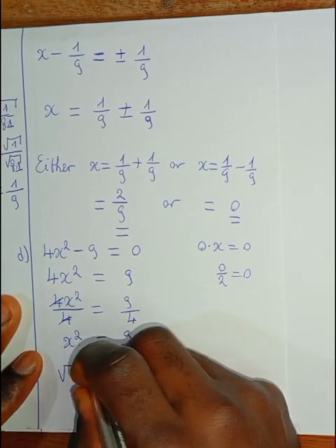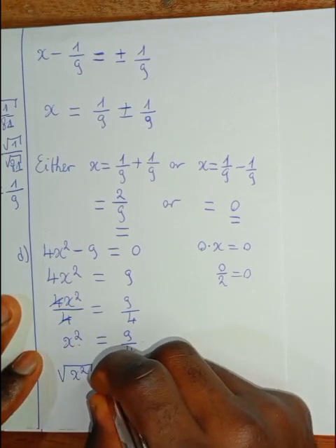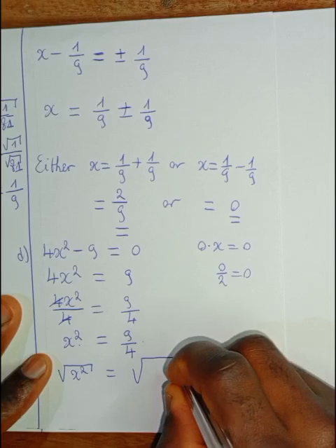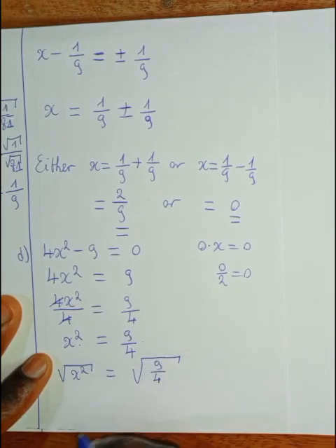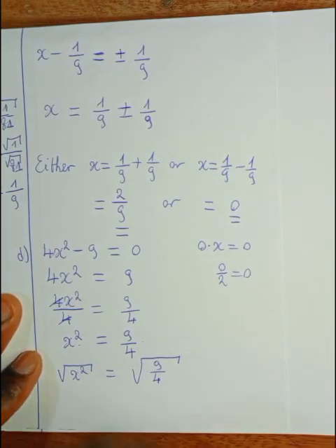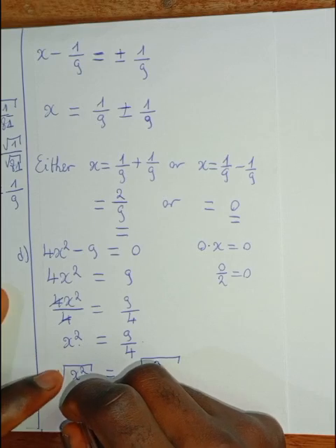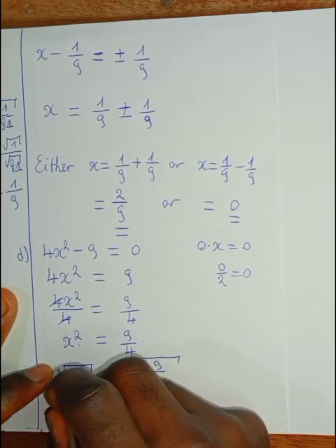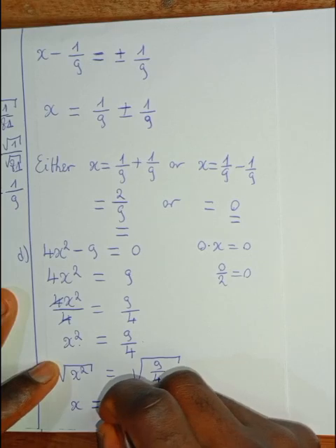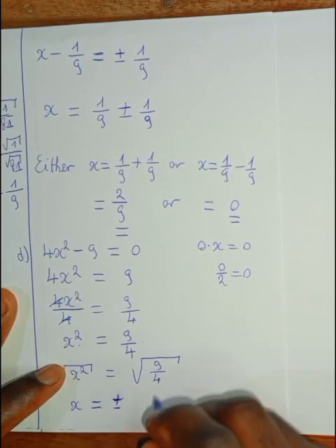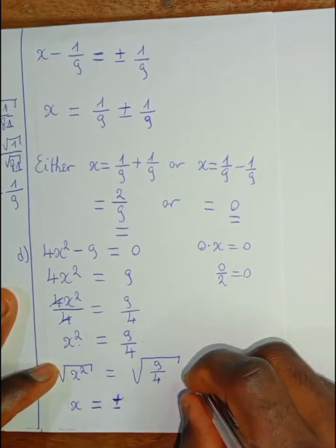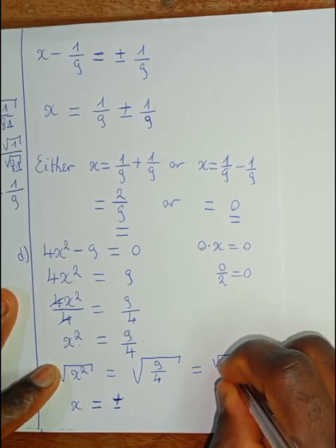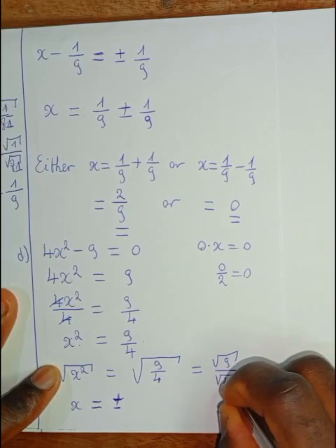Next step, we are going to take square roots at the left hand side and at the right hand side. This will give us x is equal to plus or minus. The plus or minus will be here. You know the square root of 9 over 4 is the square root of 9 over the square root of 4.